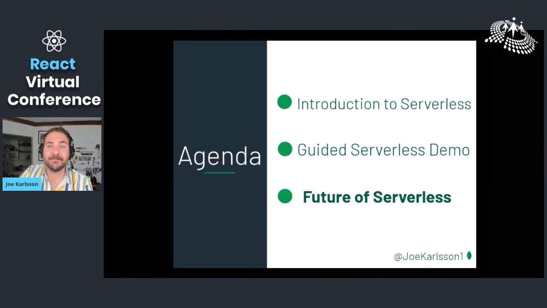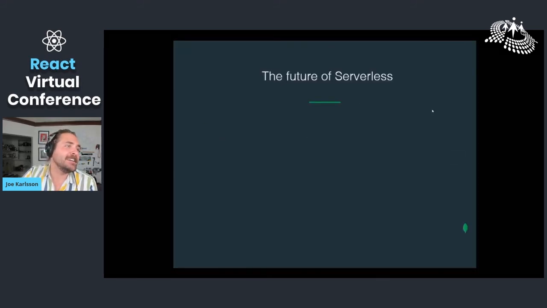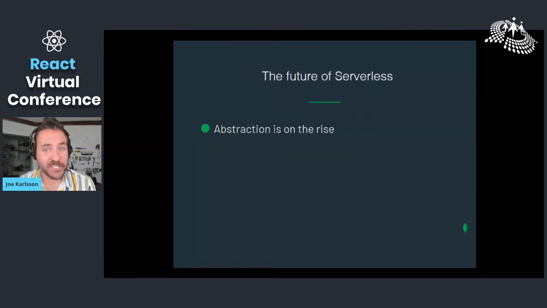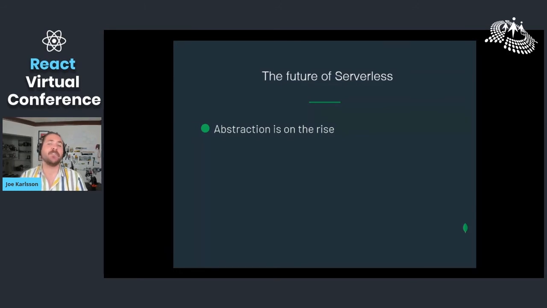I'm going to make wild speculations about the future of serverless. Hold on to your butts, everybody. Here we go. What's next? My personal opinion is that, from a developer perspective, we're going to continue to see massive abstraction on the rise.